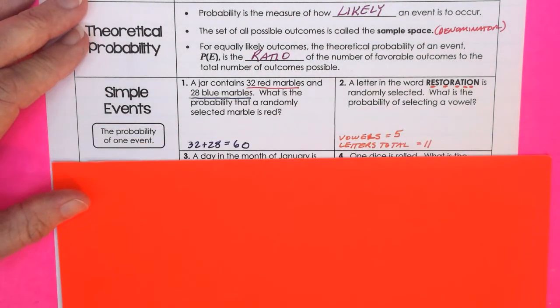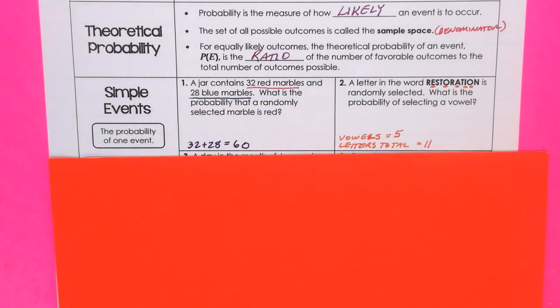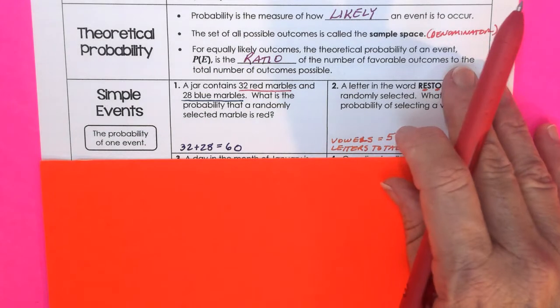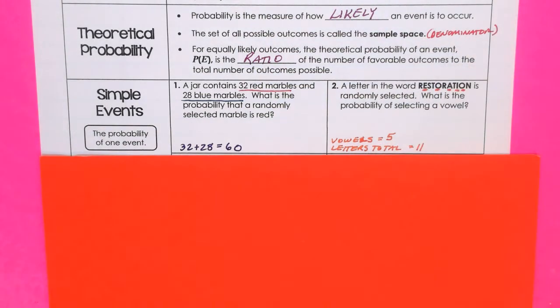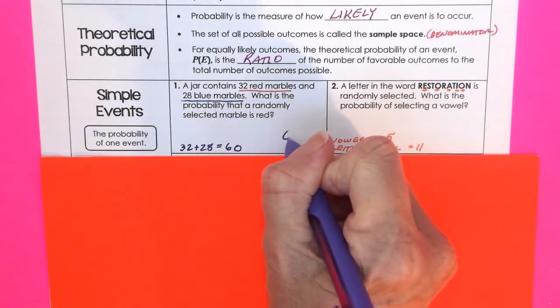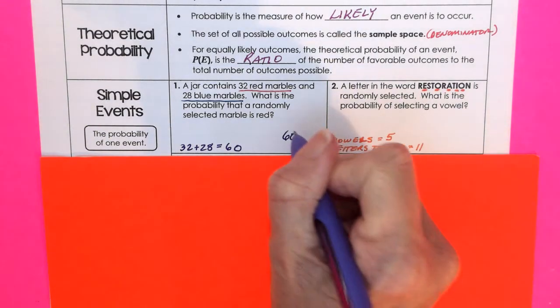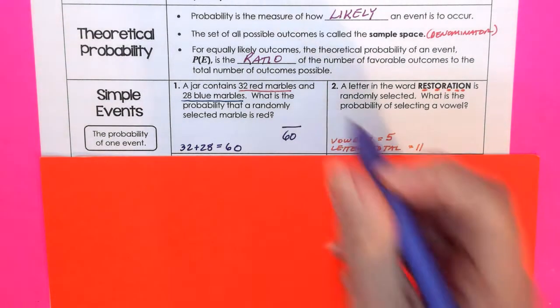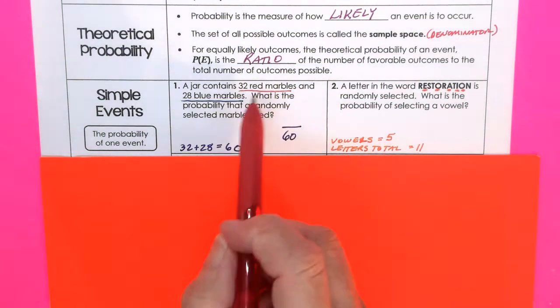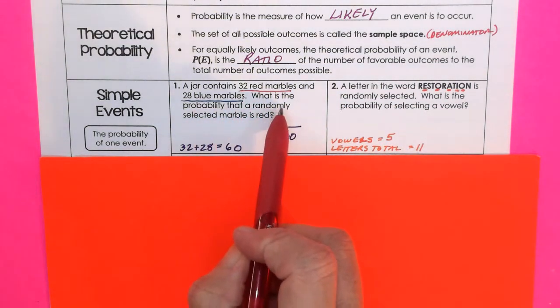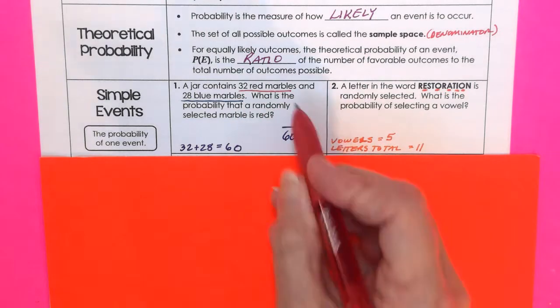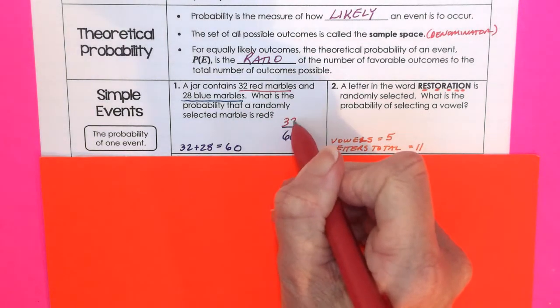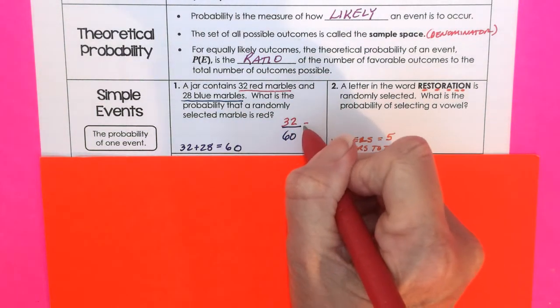Let's look at these first couple where it says you have a jar and it contains 32 red marbles and 28 blue marbles. So total there are 60 marbles when you add those two numbers together. So that's your denominator. In the numerator you're going to put, since the question is, what is the probability that a randomly selected marble is red? Well, there's only 32 of the 60 that are red.